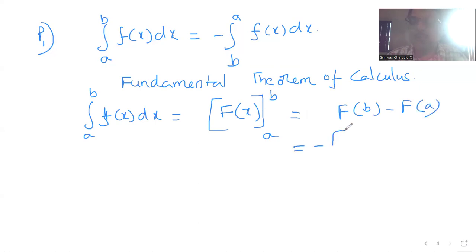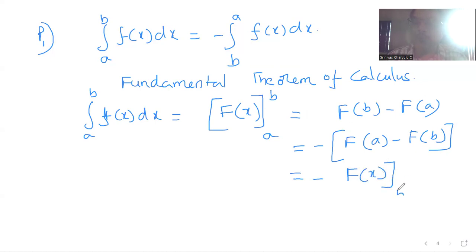Take out minus common. It will become now F of a minus F of b. So this entire thing can be written as minus integral f of x from b to a. This is equivalent to this.